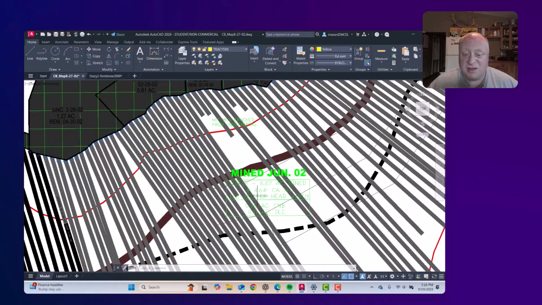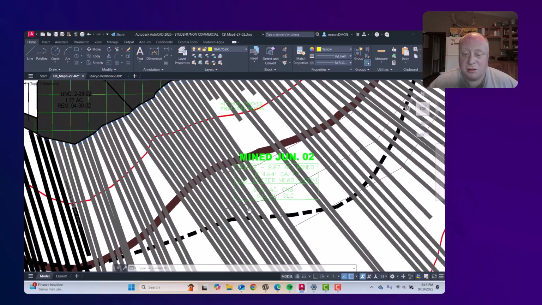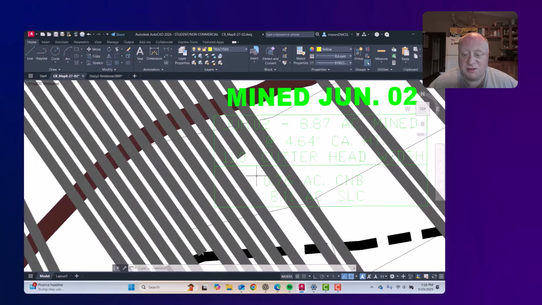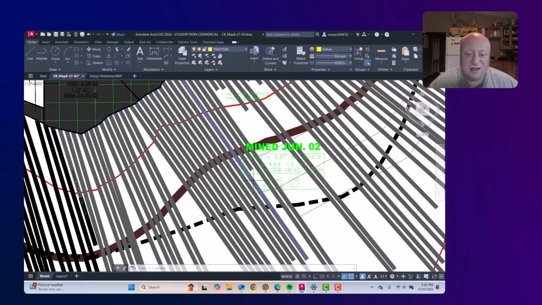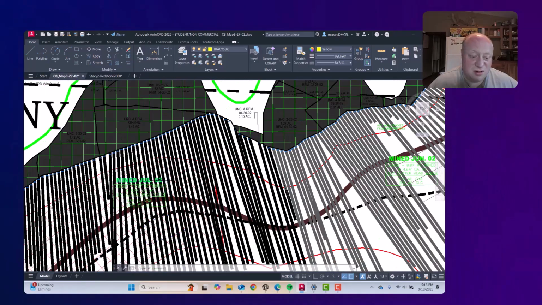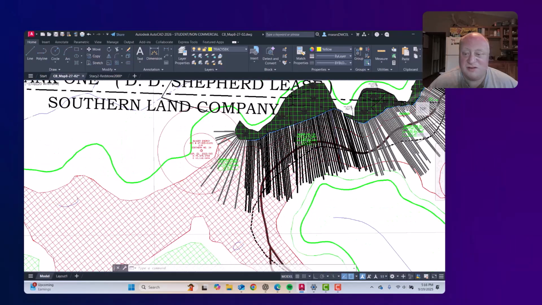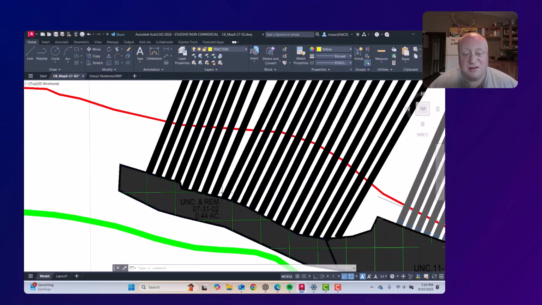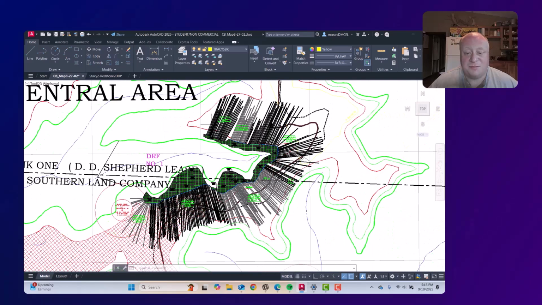And then we have an 11-foot cutter head width. They even have the information on here. That's interesting. So June, July, August, and then we come back up here. This was mined in August as well. They extended the pit out this way and mined this with a high wall miner.